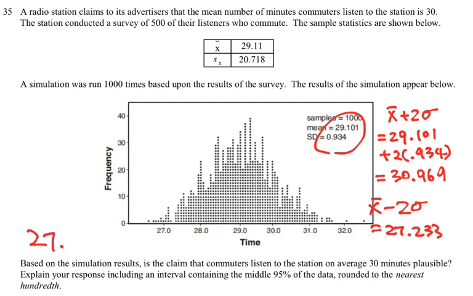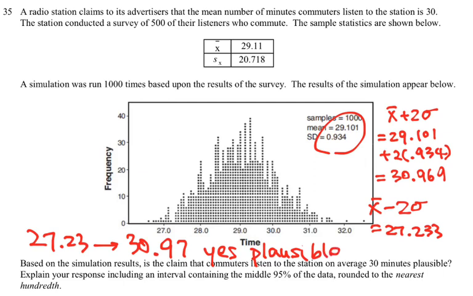So our interval should be from 27.23 to 30.97, but as you can see, 30 minutes fits into this interval. So yes, 30 minutes is a plausible number of minutes that commuters would have listened, because it is in the middle 95% of the data.